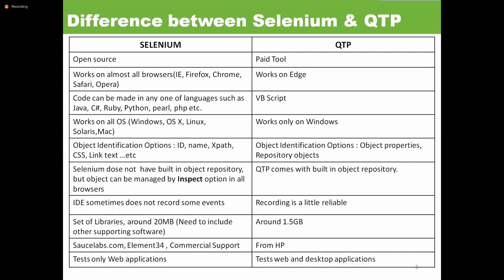At the same time, it supports multiple options for object identification. To identify an object in Selenium, what is the option? Inspect. In QTP, it is the object repository. So inbuilt options are available there, but with Selenium we can do that too. We get more flexibility while working with Selenium automation.